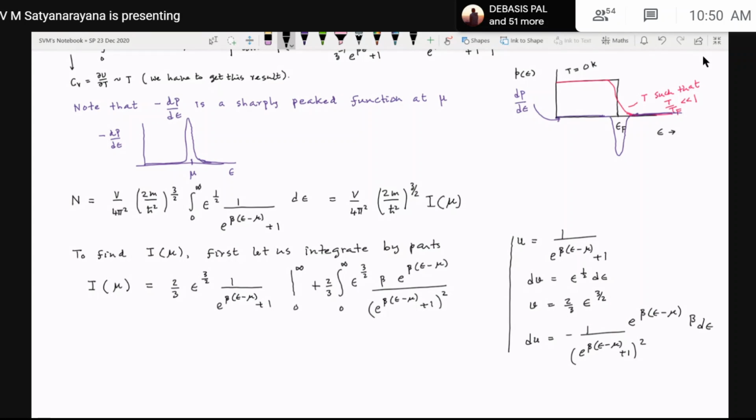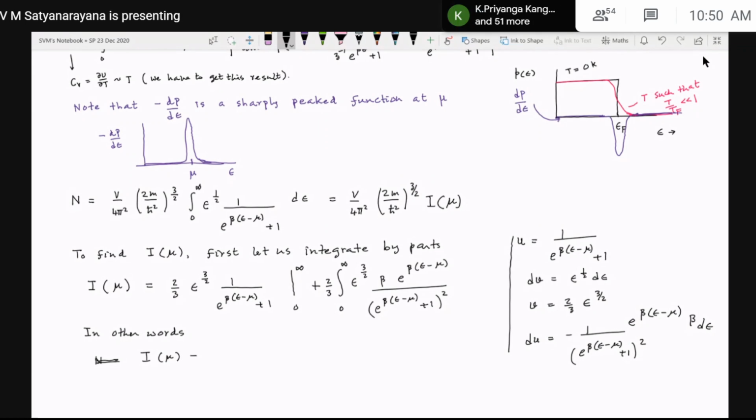Now I could have simply done it like this. There is another way to simply look at it. In other words, let us write I of mu.